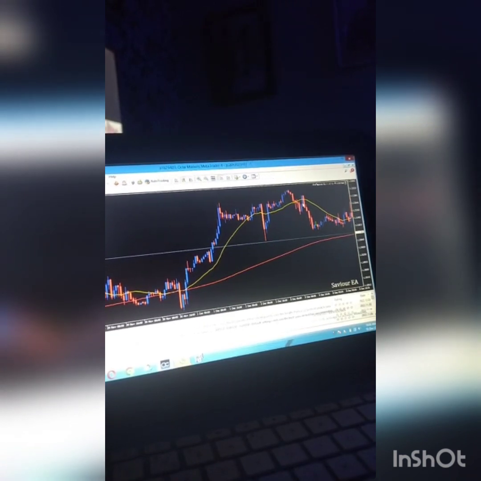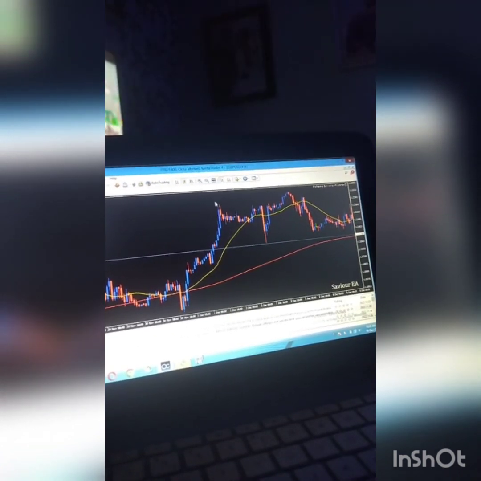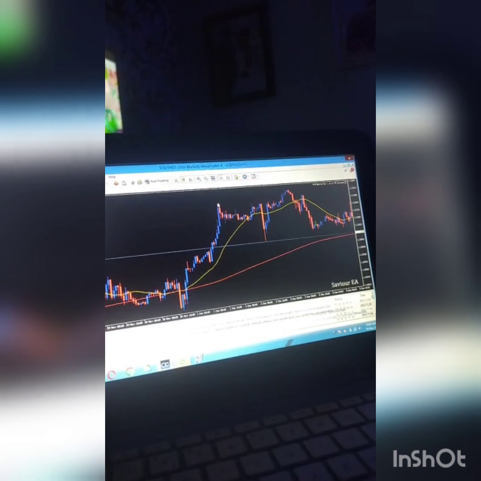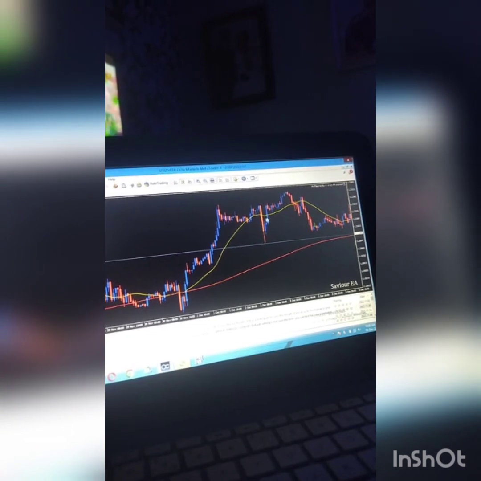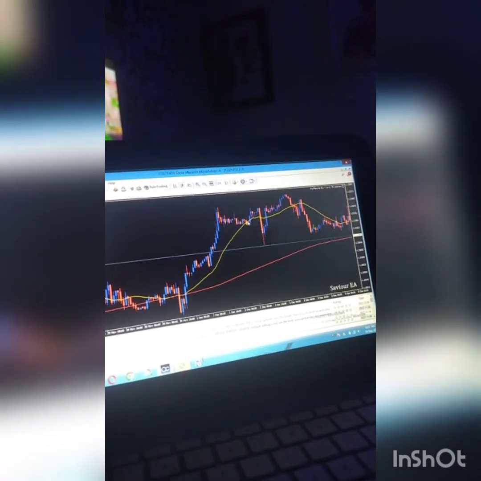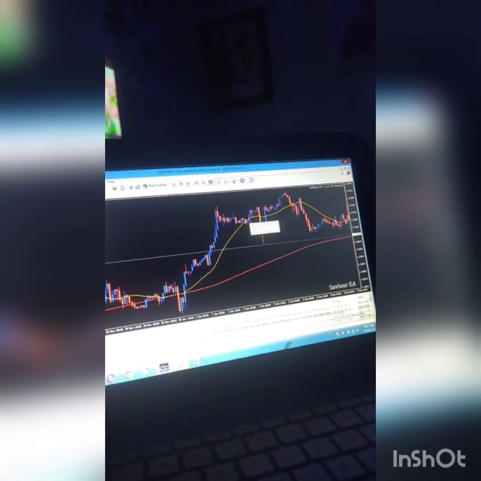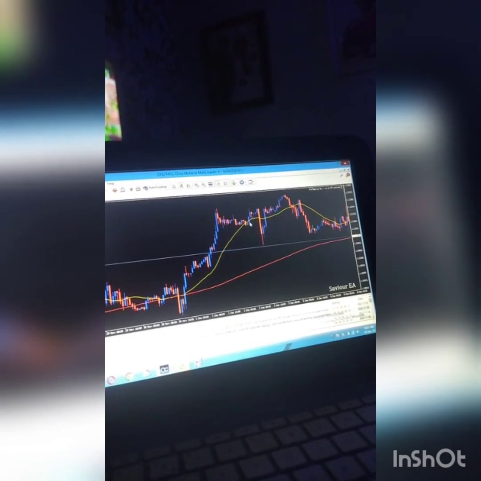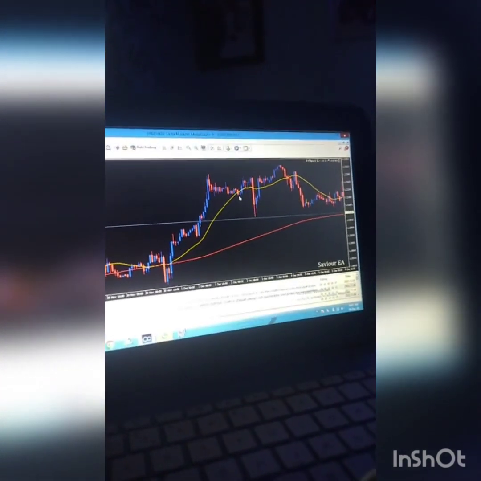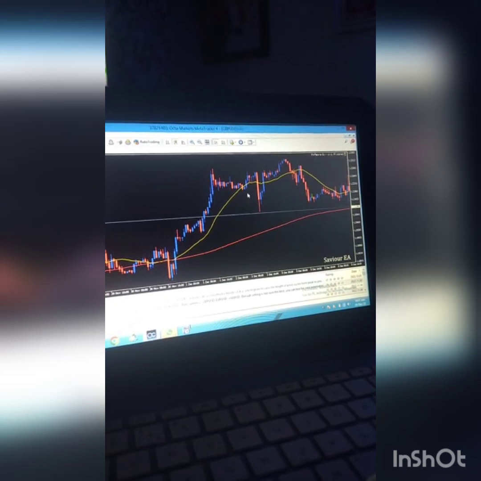Remember, all this one has not been formed yet. So when price is here, this moving average will be here. So they are far from each other. Now there is another good entry here, but I won't take this because these two are far from each other.